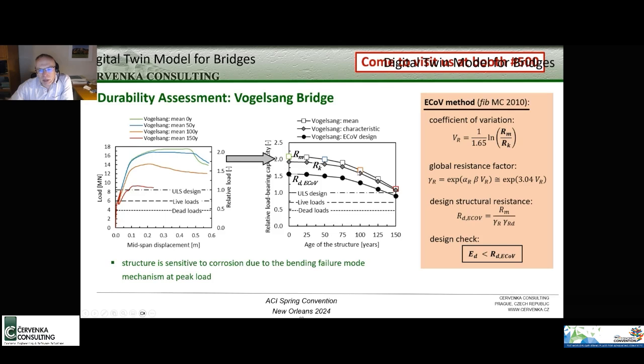So these are the typical graphs that we obtained from this analysis, where we combine this digital twin approach, combining monitoring and nonlinear analysis. And we see how the strength of the structure indicated by this design strength decreases in time, and we can say, let's say about 125 years, we are reaching the service life of this structure.